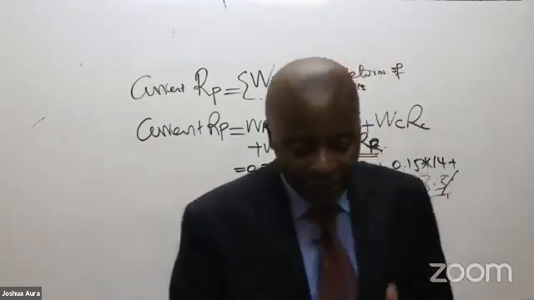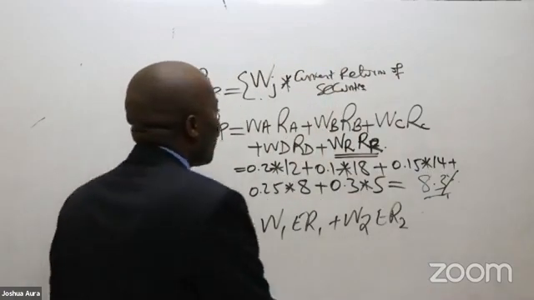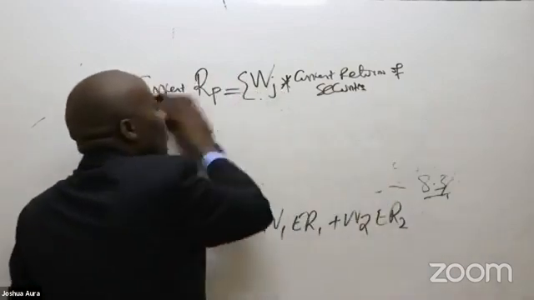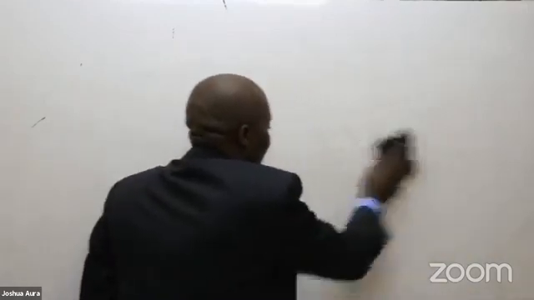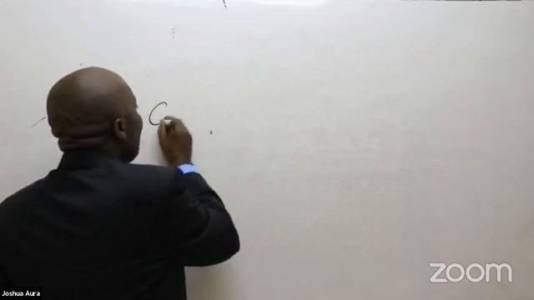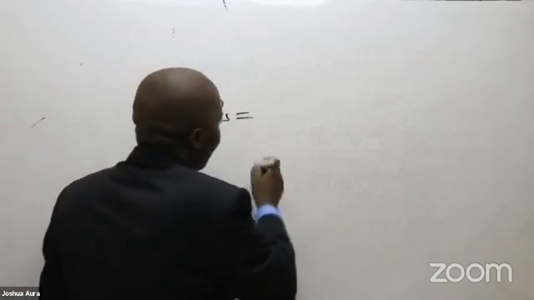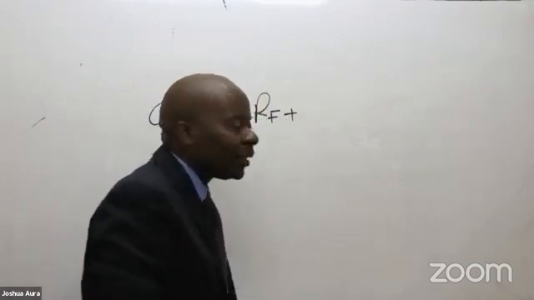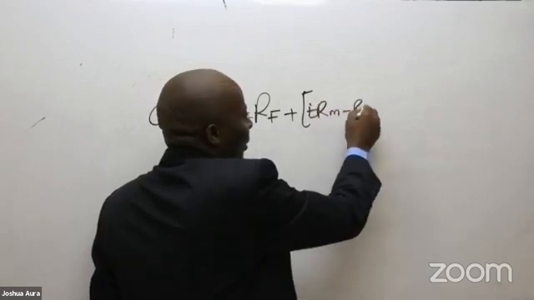How do I get CAPM returns? The very first thing that I will do to be able to get the CAPM returns, ladies and gentlemen, is to remember the formula. So we have here our CAPM returns over any security, which will be equal to risk-free plus the premium, what we call ERM minus risk-free.